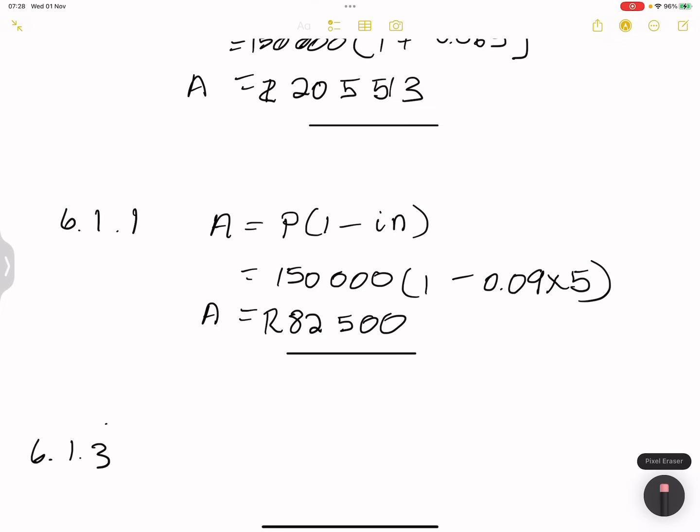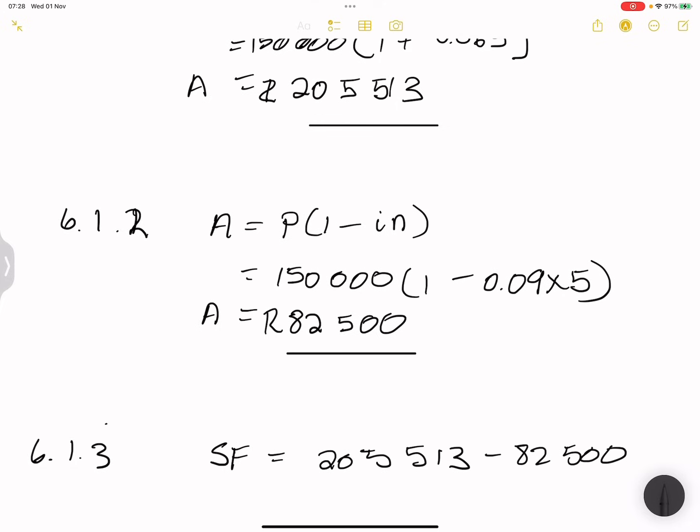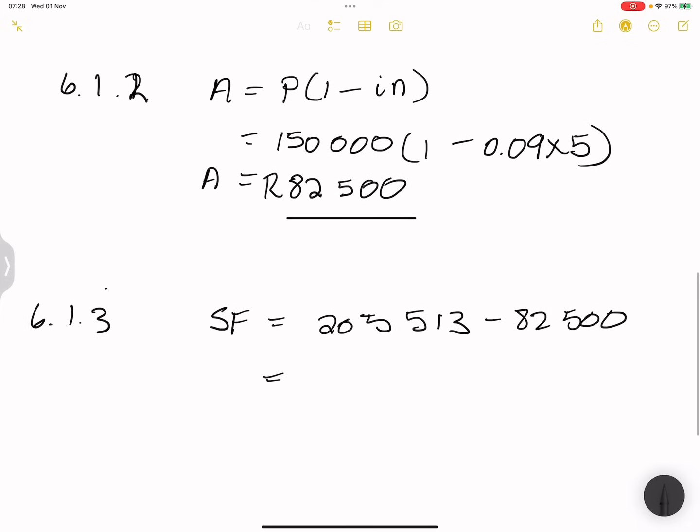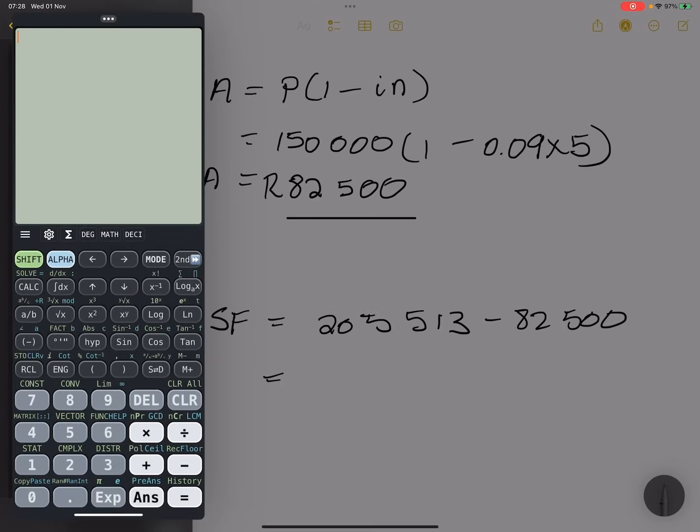Sorry, this was 6.1.2. So in our sinking fund we'll need 205,513 minus 82,500.